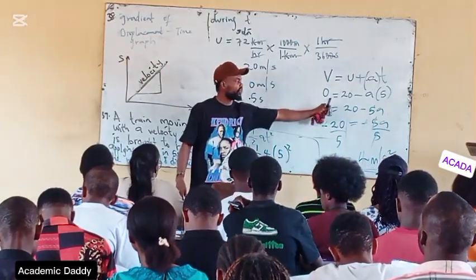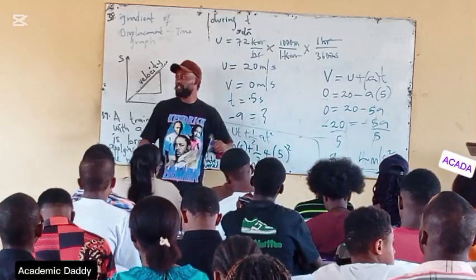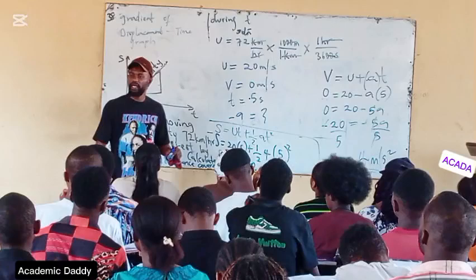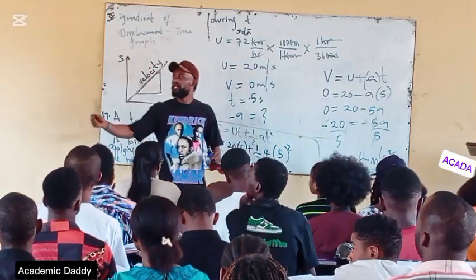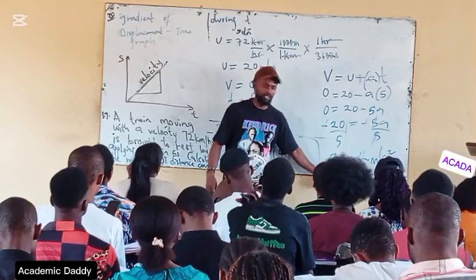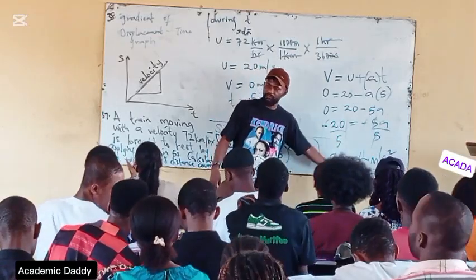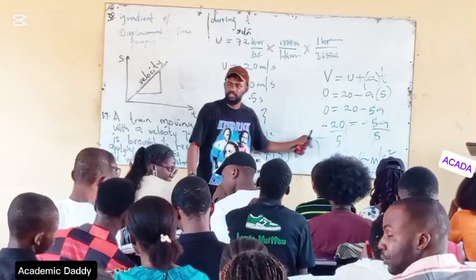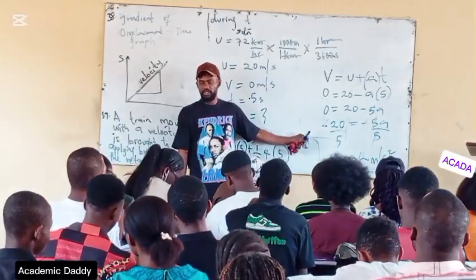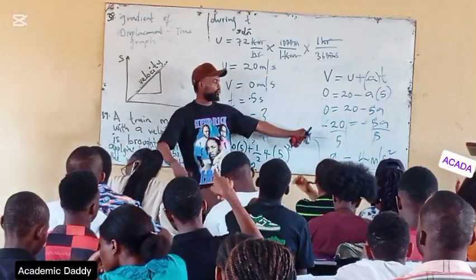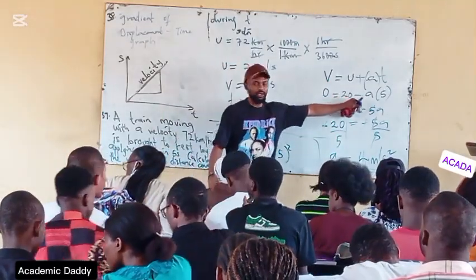And when we finish, if we get a value that is positive, it doesn't mean it is wrong, so you don't put a minus. What happened is simply arithmetic. In that case, the retardation we are asked to find is minus a.